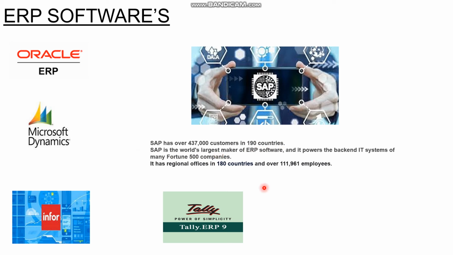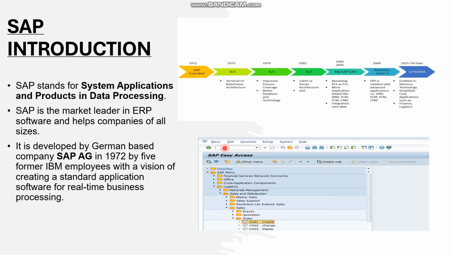So one can easily understand why SAP is widely used along with all the other ERP software. SAP is mostly preferred by the manufacturing sector and any other sector. Okay. So now we'll see the ERP SAP introduction.